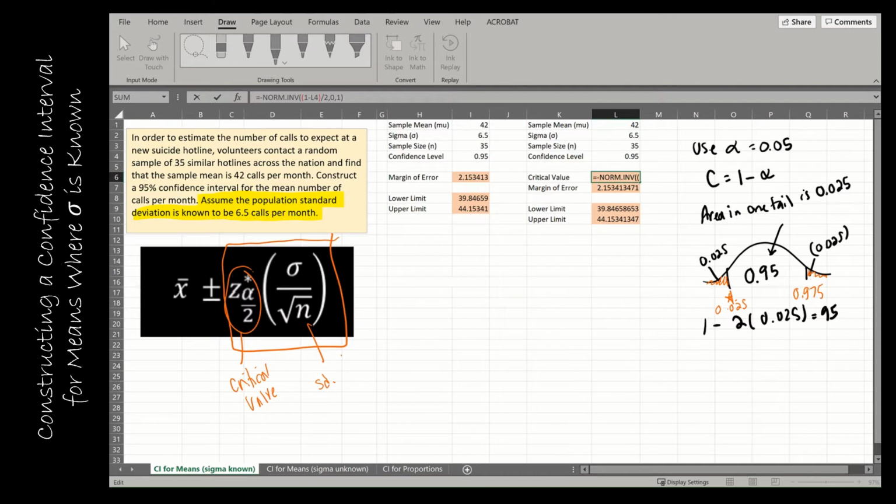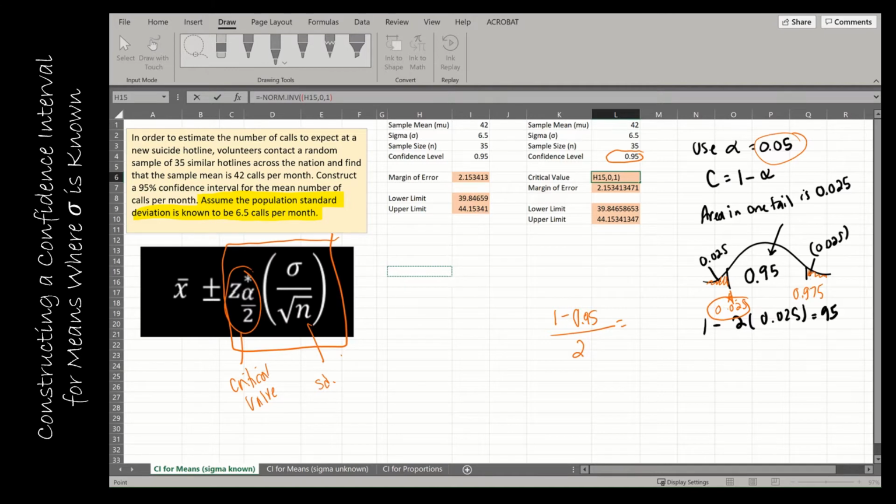If the confidence level is 95%, then I can take 1 minus 0.95, which we know is going to give us the alpha level, and I'm going to divide it by 2. So if I'm given the confidence level, and notice that's what I've done up here, I'm just going to do 1 minus L4 divided by 2. That's going to give me the probability. So that's what's going to give me this value.